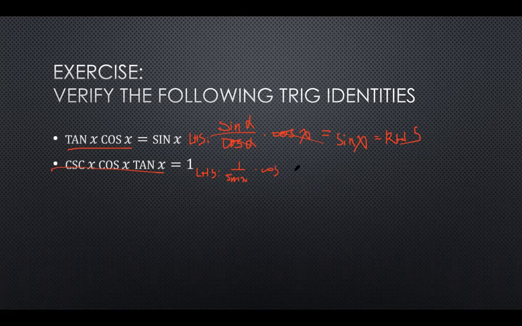And tangent is sine over cosine. Now we look at the terms. There is one sine on the top and one sine on the bottom, and we can cancel each other out. There is one cosine on top and one cosine on the bottom, and we can cancel them out as well. So we end up with 1 on top and 1 on the bottom, which is 1 over 1, which is 1. And we're done.